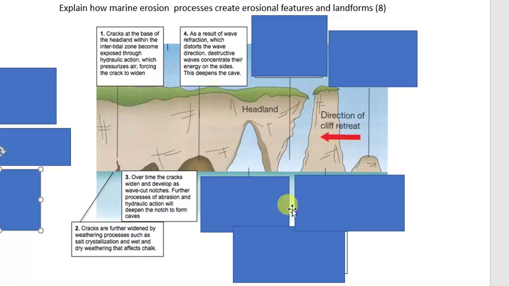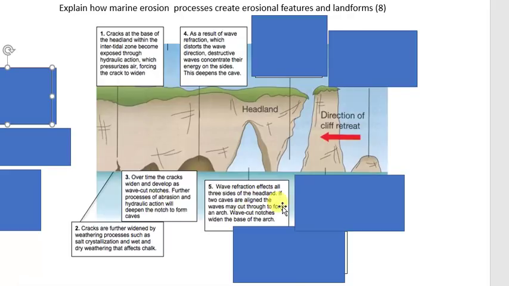And that's because the waves refract and bend around the headland and converge on two sides of the headland, but also on the front as well. Yep, so they bend and refract around the sides. When that happens, destructive waves concentrate their energy on the sides and deepen the cave.